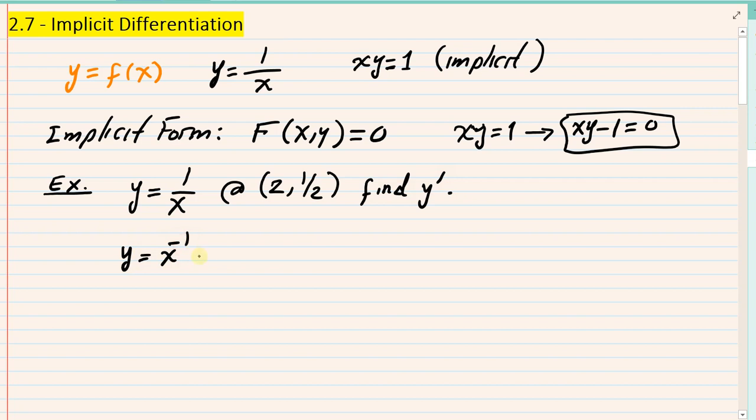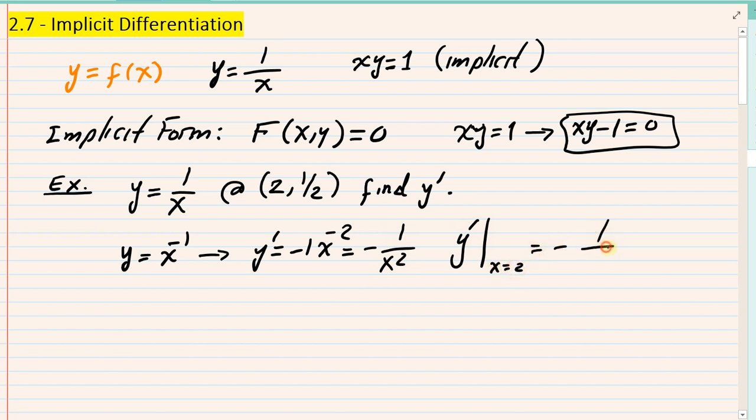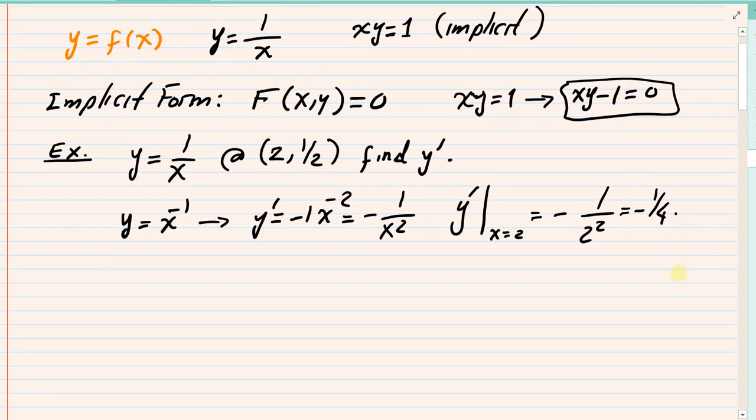Notice right now it is in explicit form, so I can use the power rule. That's negative 1 times x to the negative 2, or negative 1 over x squared. Now y prime evaluated at x equals 2 is negative 1 over 2 squared, or negative 1 quarter. Nothing new; we've done this before, and this is how the explicit form works.